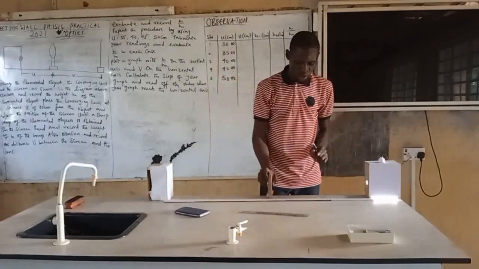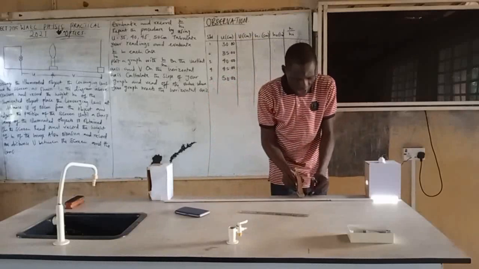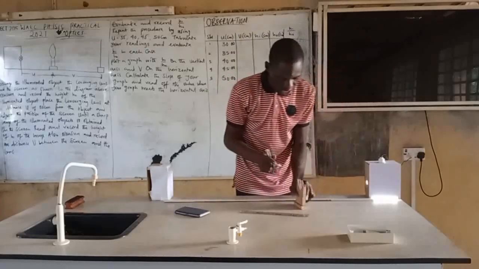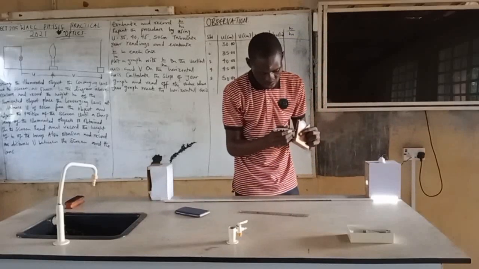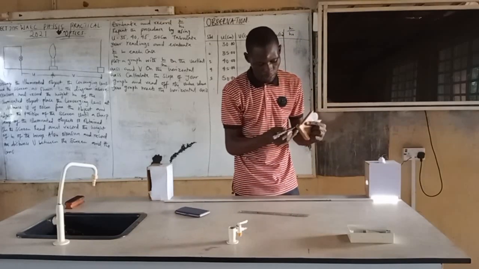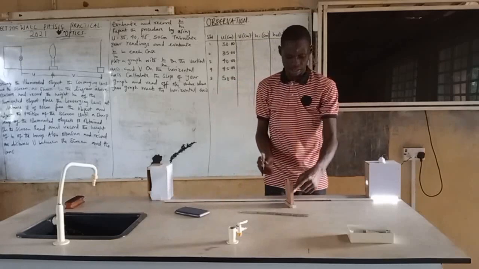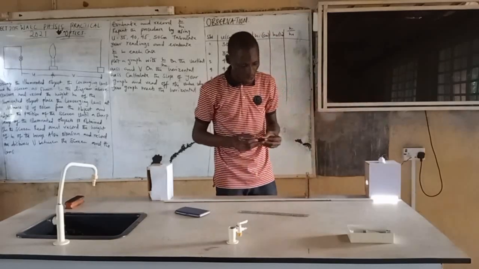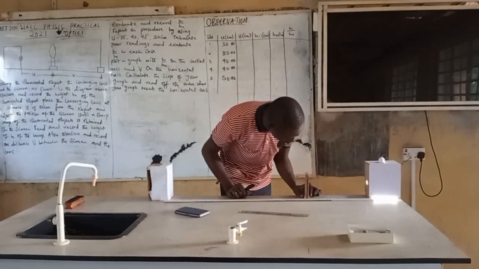Now, I am placing this at the 30 centimeter mark. If I place this at exactly the 30 centimeter mark, we can find the center point of the lens holder by indicating like this. Placing this center point on the rule at the 30 centimeter mark, I have exactly 30 centimeter in this place here.